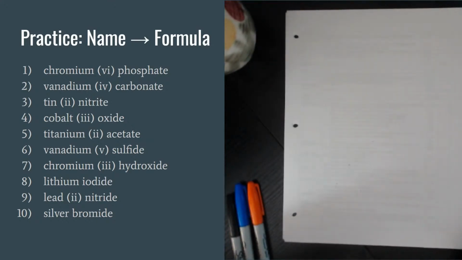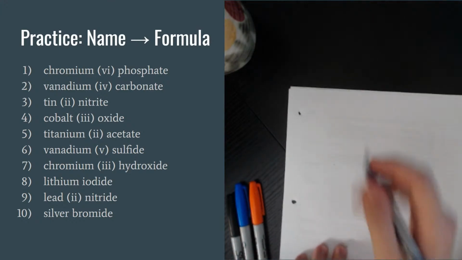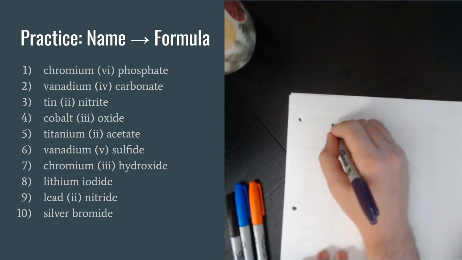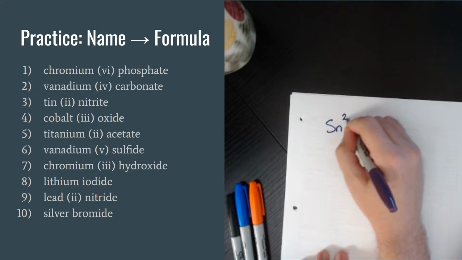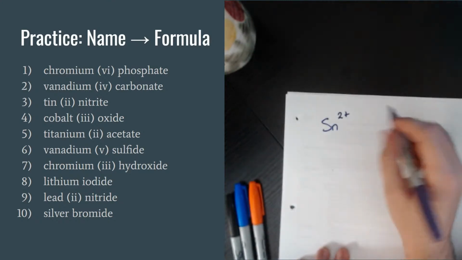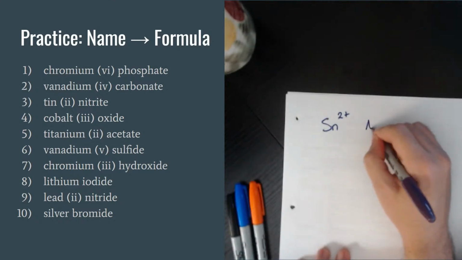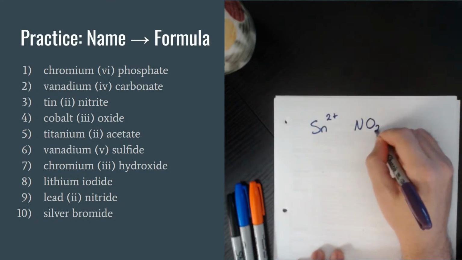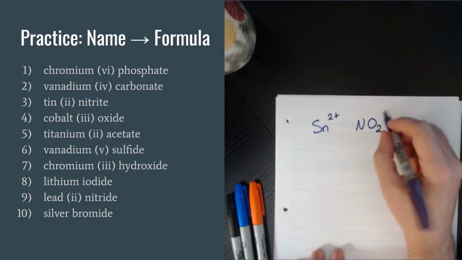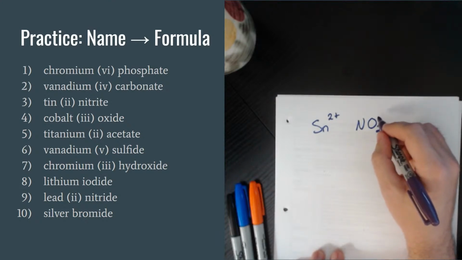Moving on. Tin(II) nitrite. So tin is one of the ones you had to memorize. Tin is Sn, and here it has a 2 plus charge. Then we have nitrite. Nitrogen is on the second row. Second row starts at 2. So ite is 2, but nitrogen is 1 to the right of carbon.